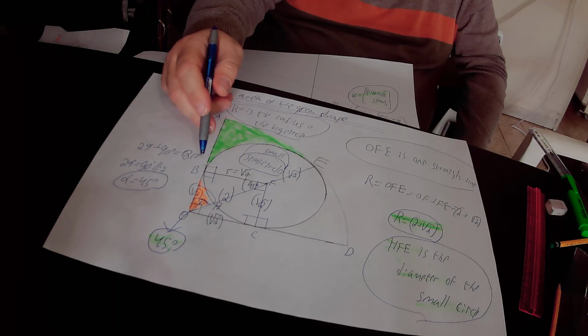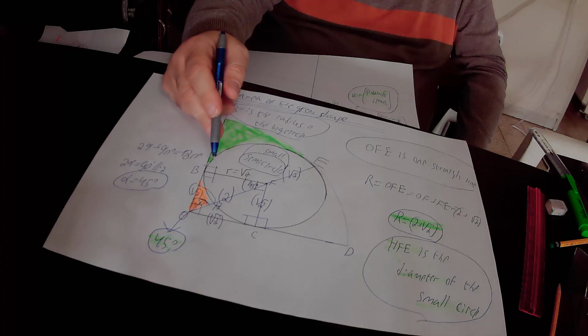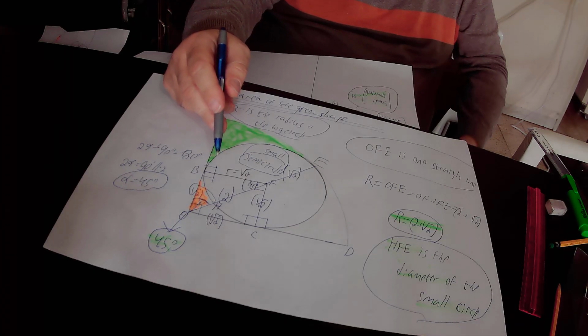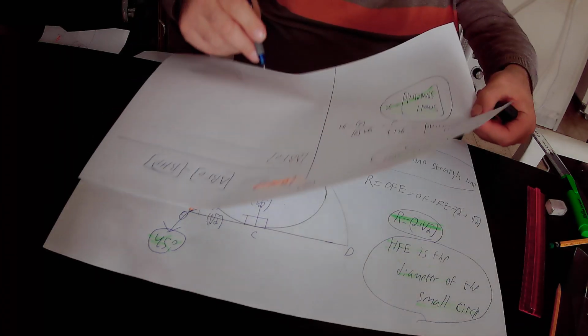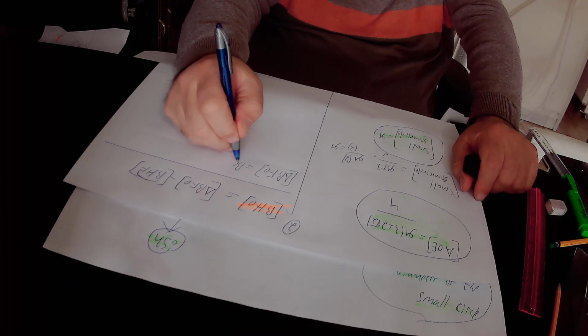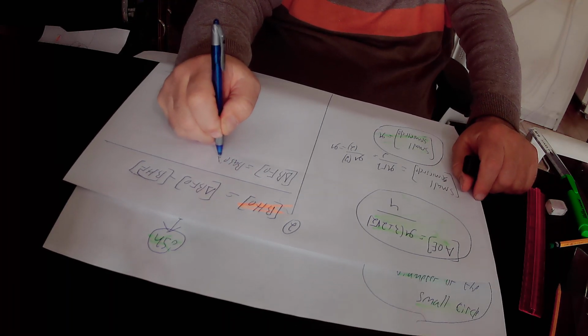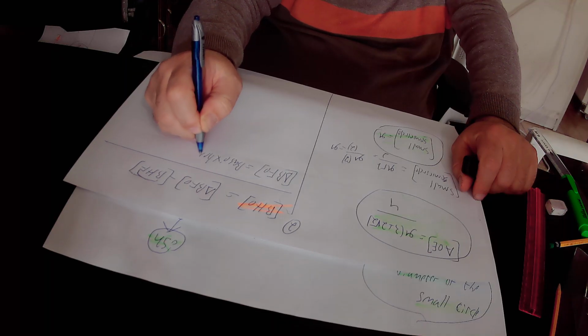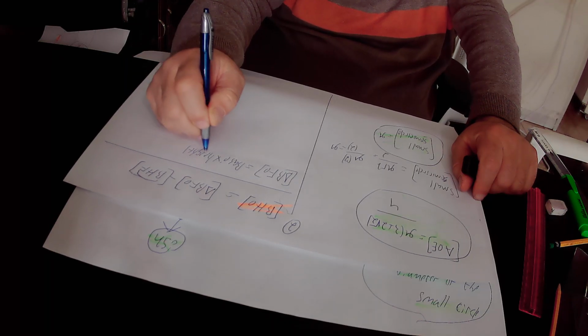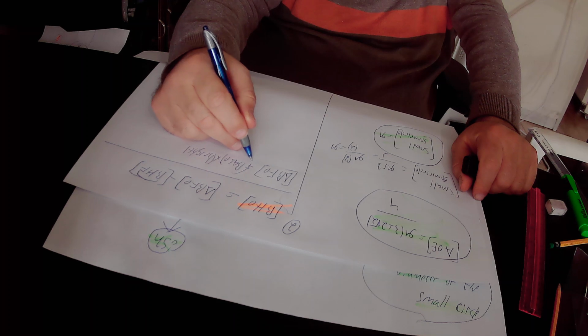Side BF equals side BO, so the height is equal to the base. We know that the area of any triangle equals the base of the triangle times the height to the base over 2.